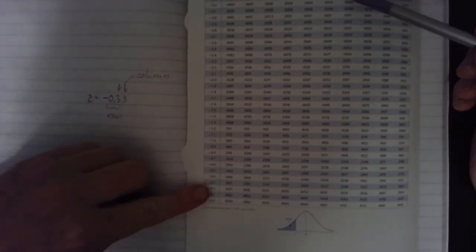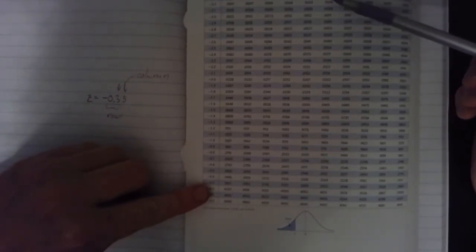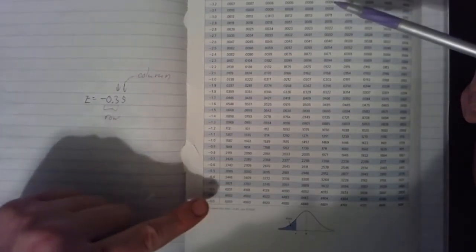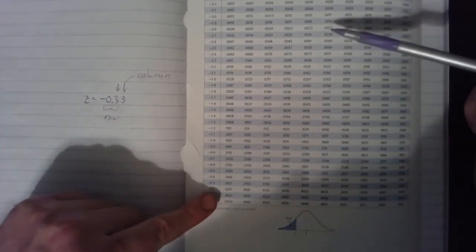Let me see. We're going to go up to 0.05 and negative 0.3. Because putting those together gives us the z value of negative 0.35. And where do these intersect? We're going to line these up like so. So they intersect in the value 0.3632.